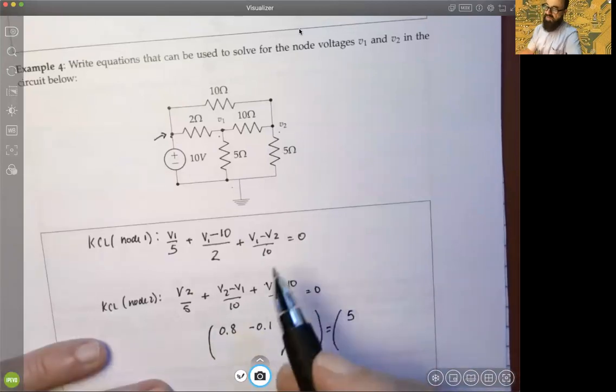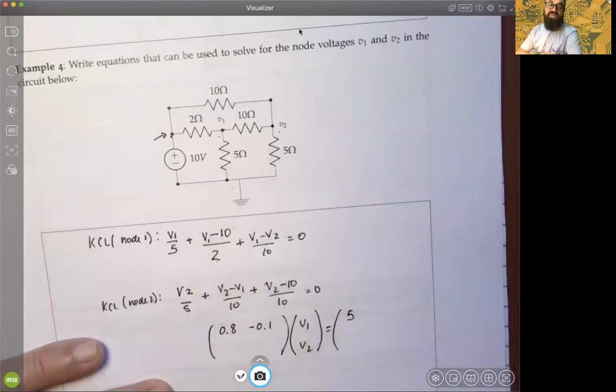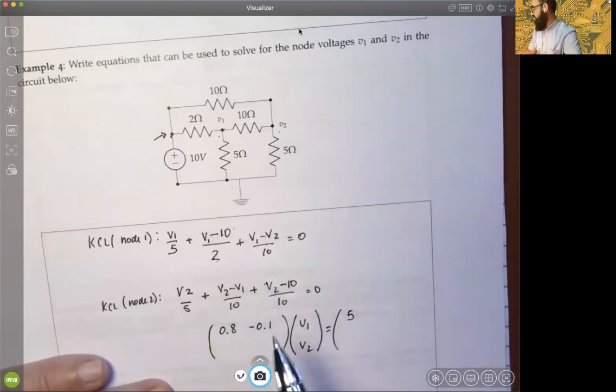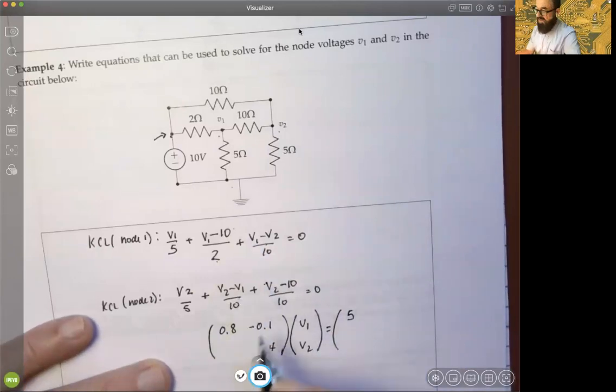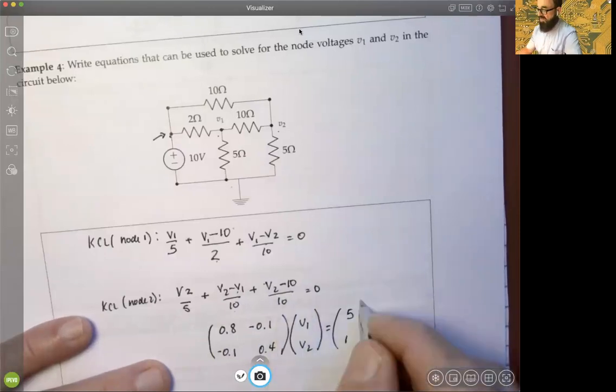You can see the 5 coming up because 2 divided into 10 is going to be 5, and it pulls over to that side. In the second equation, you've got 3 terms involving V2, so you collect all those terms, and that'll be 0.4. The single V1 term will be -1/10. And the only right-hand side left is going to give you a 1 there.